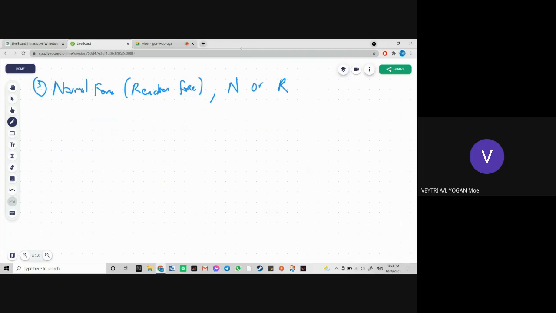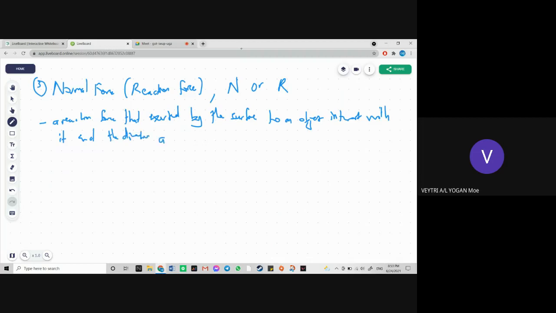A normal force is a reaction force that is exerted by the surface to an object that interacts with it, and the direction is always perpendicular to the surface.